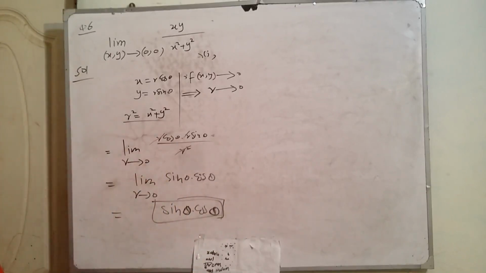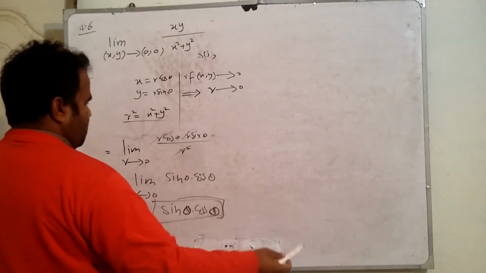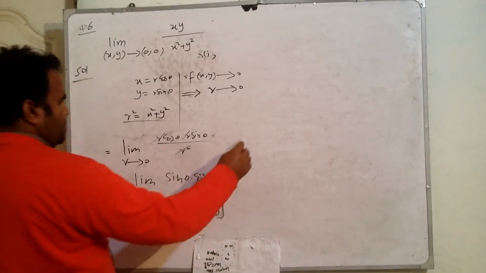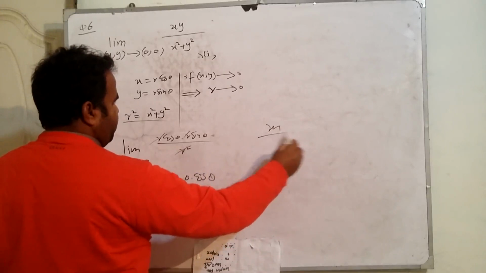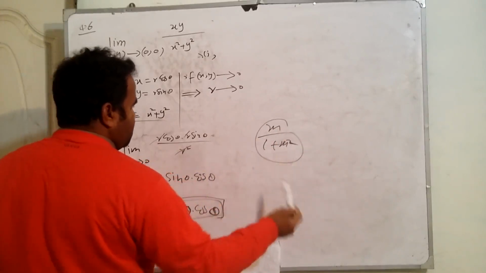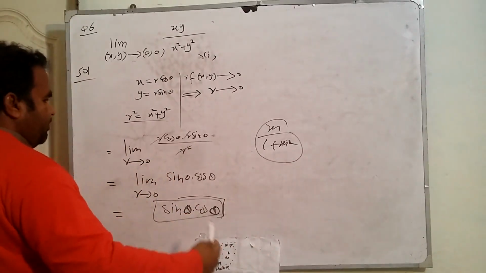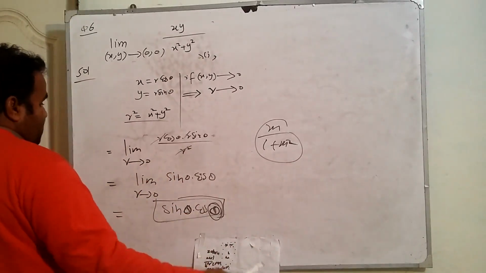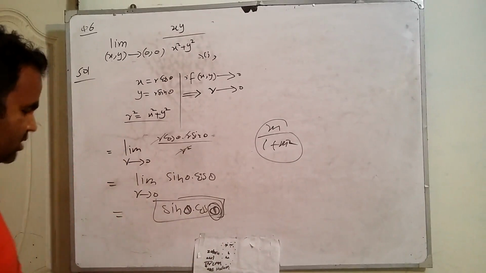When we put the value of theta over here, then it will not be unique. So the limit does not exist. In the first method, our answer was m divided by 1 plus m square, which means that the value of m may vary, and here the value of theta may vary. Therefore, the limit does not exist.